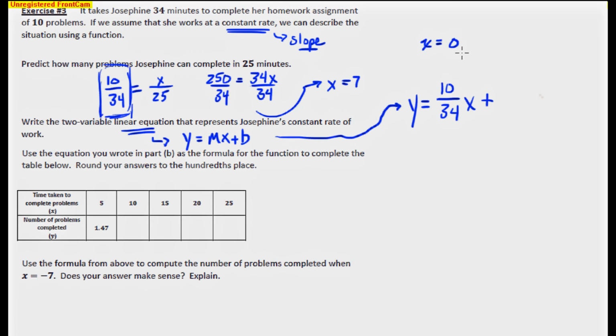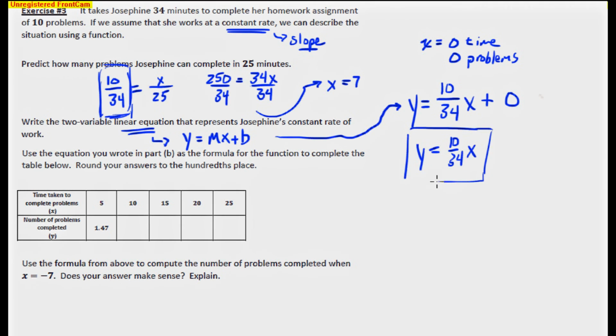So if she takes 0 time, she's going to have 0 problems done, right? So her y-intercept here really is just 0. Her whole equation, the two-variable linear equation, is 10 over 34 x. I don't have to write that 0 here. Here's her constant rate as the slope, and her y-intercept: if she takes 0 time to do anything, she's going to have 0 problems done.